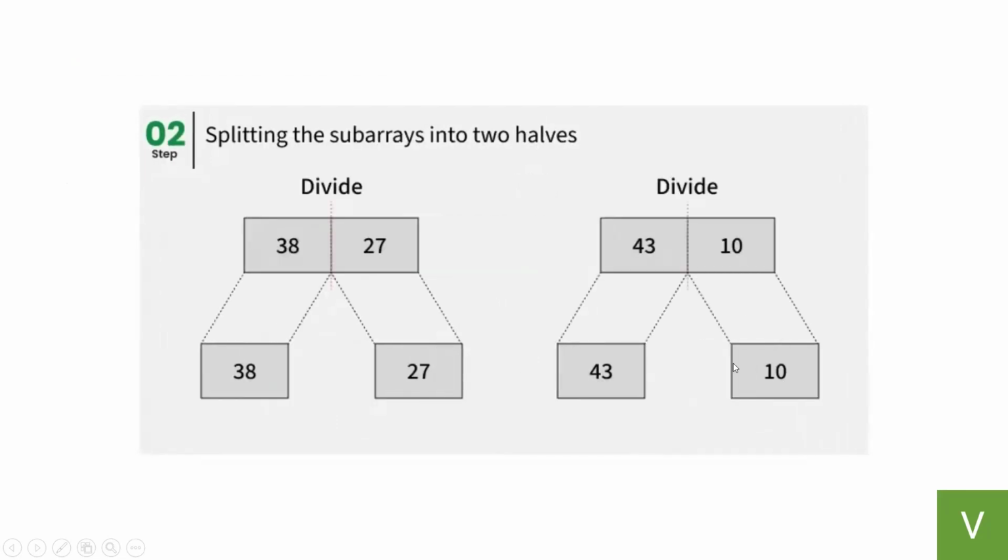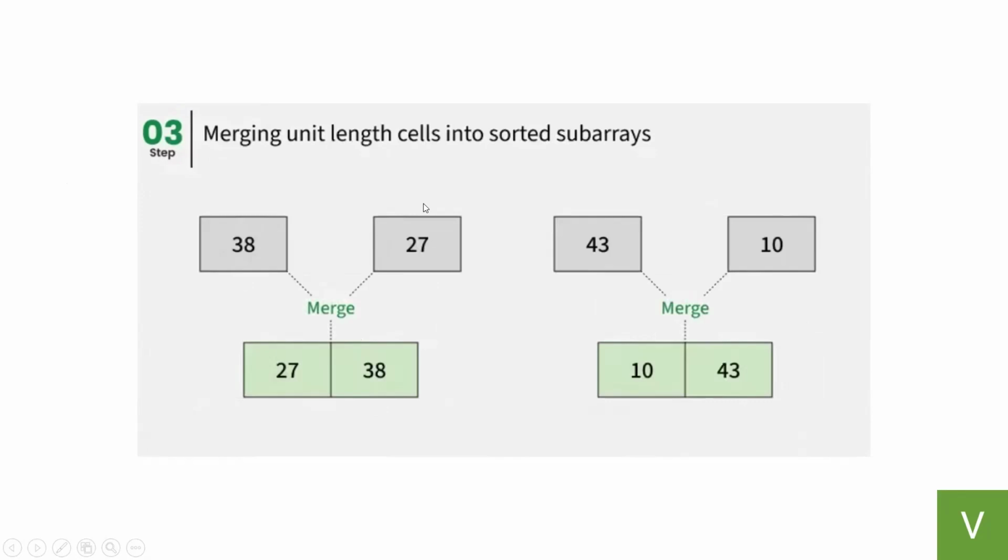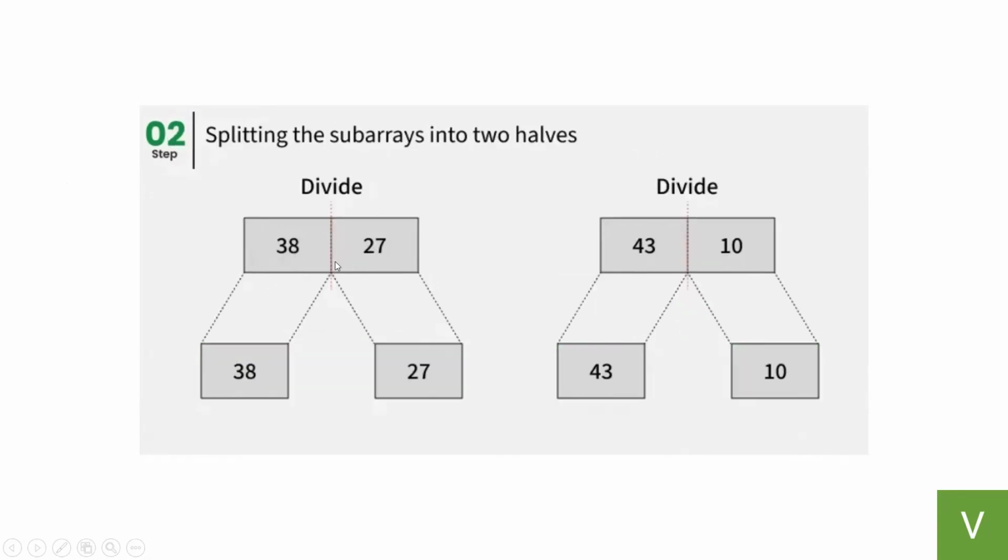Now let us look into the second step, splitting the subarrays into two equal halves. Again we have 38 and 27 as one array, so total two elements. 2 by 2 means one element each: 38 and 27. Again 43, 10 is divided into 43 and 10.